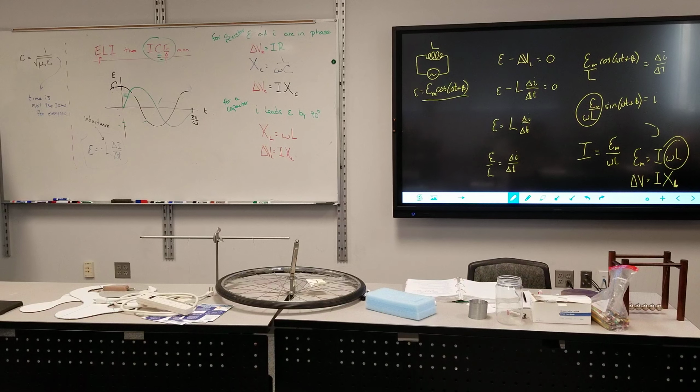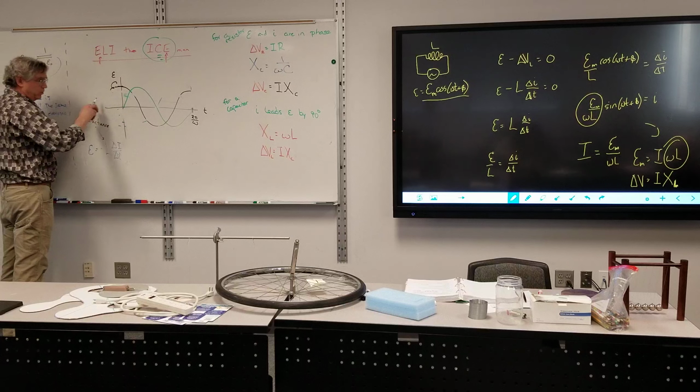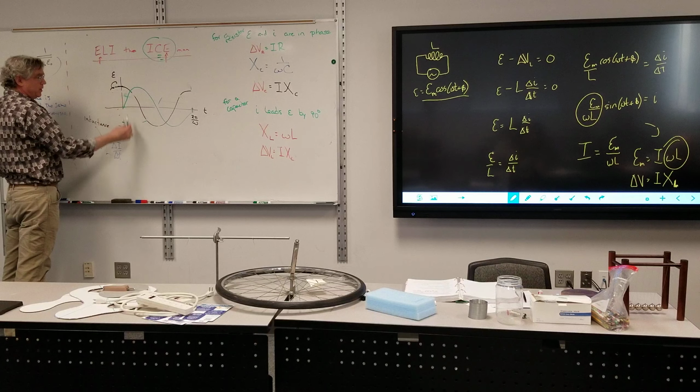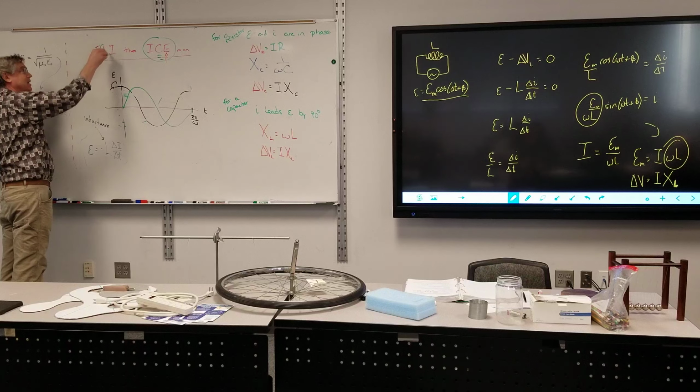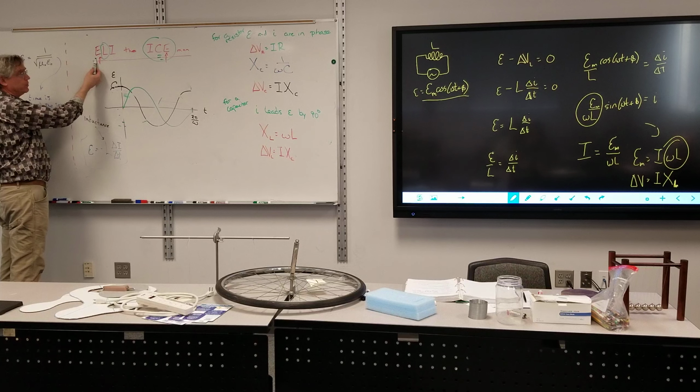Now which one leads? The voltage. Yeah. If we start at 0, we move this way, we peak here at voltage, and then we peak on the current. So for an inductor, the voltage comes first.